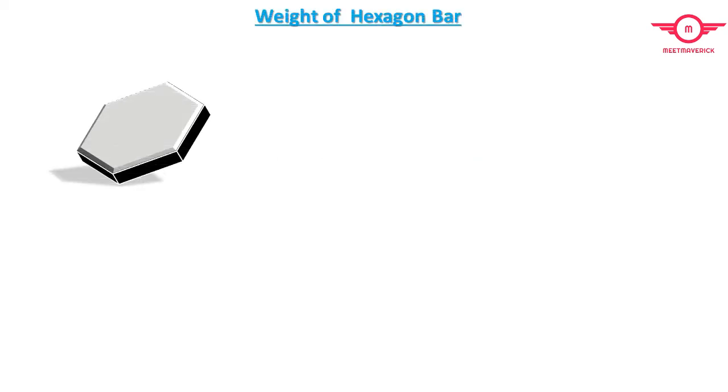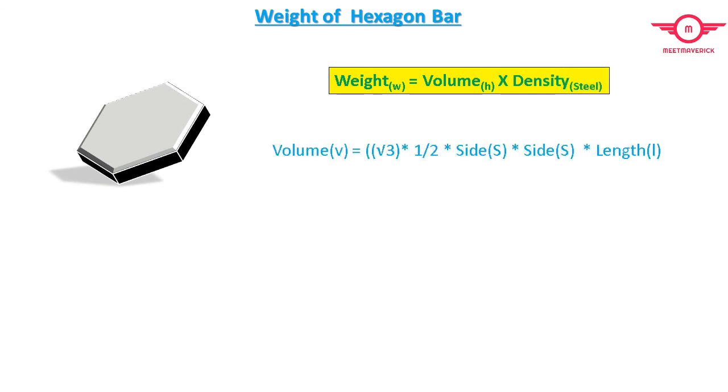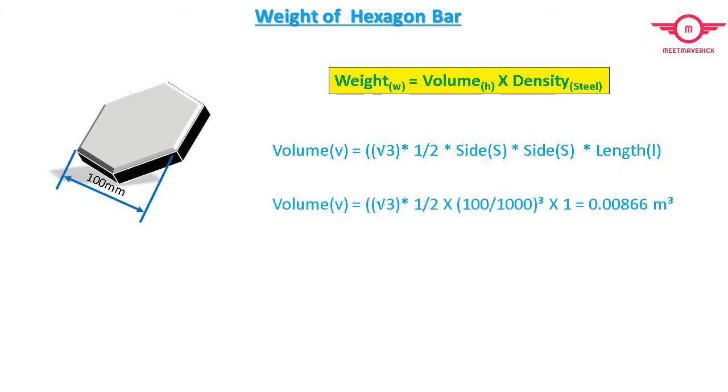Now at last we will calculate the weight of hexagonal bar. Weight is simple. Weight is equal to volume into density. So we need to calculate the volume. Volume is root 3 into 1 by 2 into side square into length. If we take an example, where the total length across two sides of flat surface is 100 mm and bar length is 1000 mm, then the calculation is like root 3 into 1 by 2 into (100 upon 1000) whole square into 1000 upon 1000.